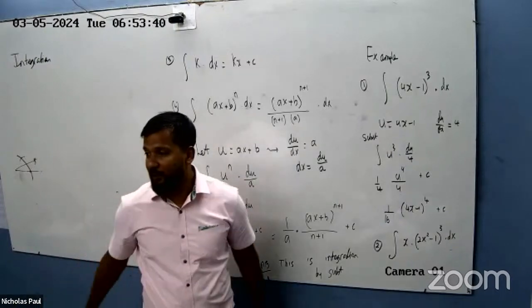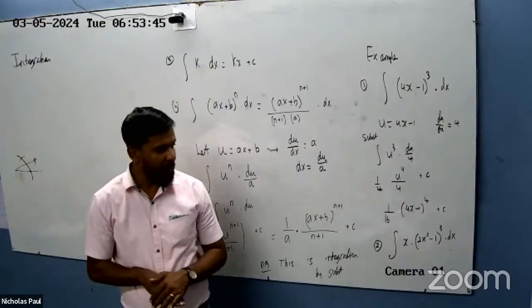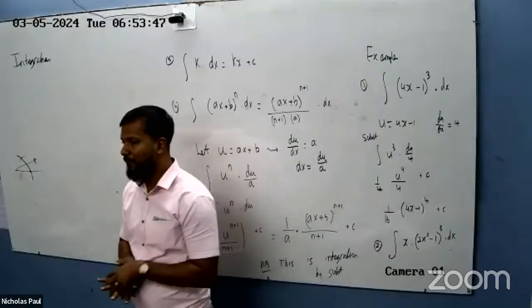Find the integral of x by 2x squared minus 1 all cubed. Integration by substitution, right?